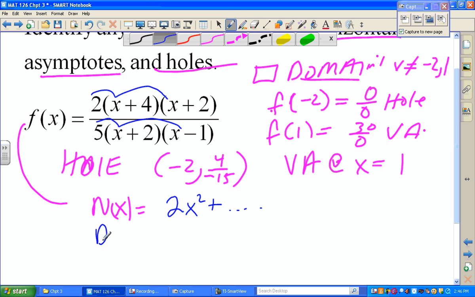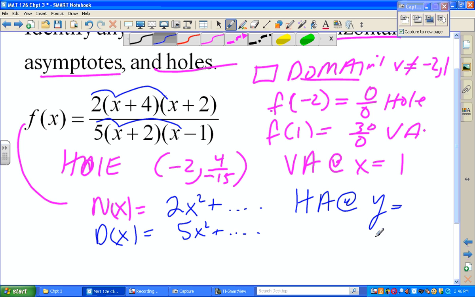And in the denominator, I'd get 5x squared plus something. So what's the degree of the numerator? Degree of the denominator? So I know there's going to be a horizontal asymptote, and you simply divide the leading coefficients. So it's going to be y equals 2 over 5. That is the horizontal asymptote. Sound good? Sounds great.